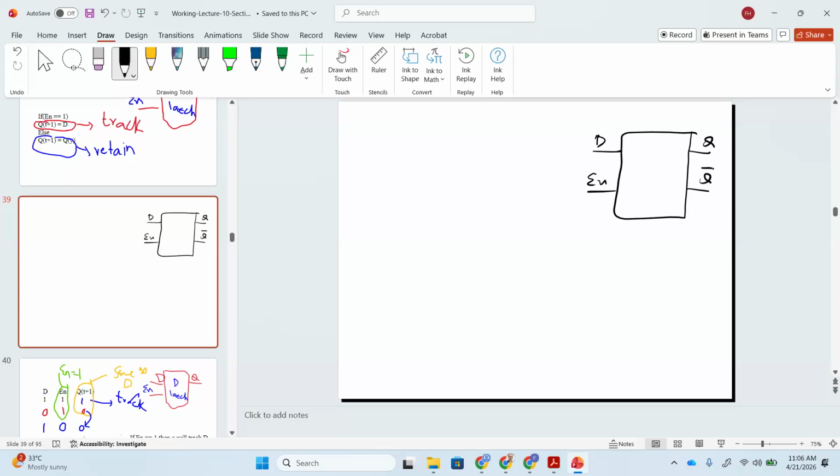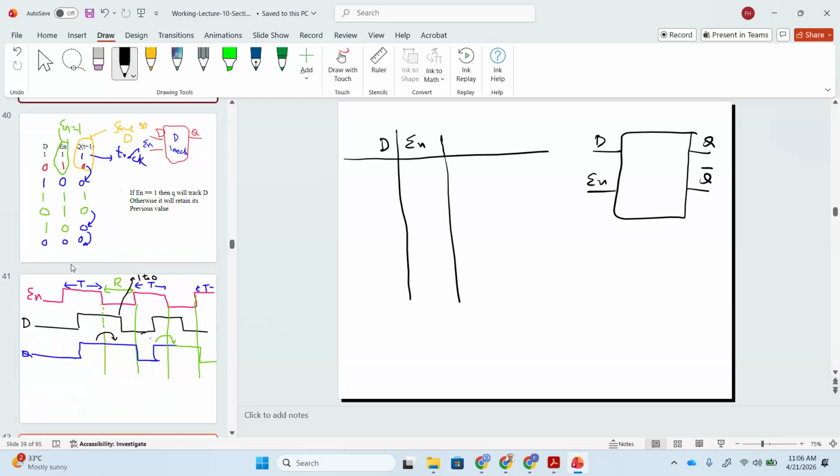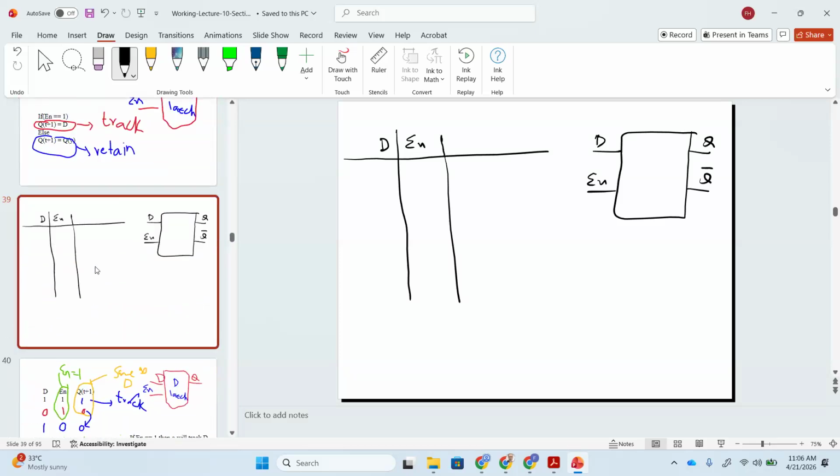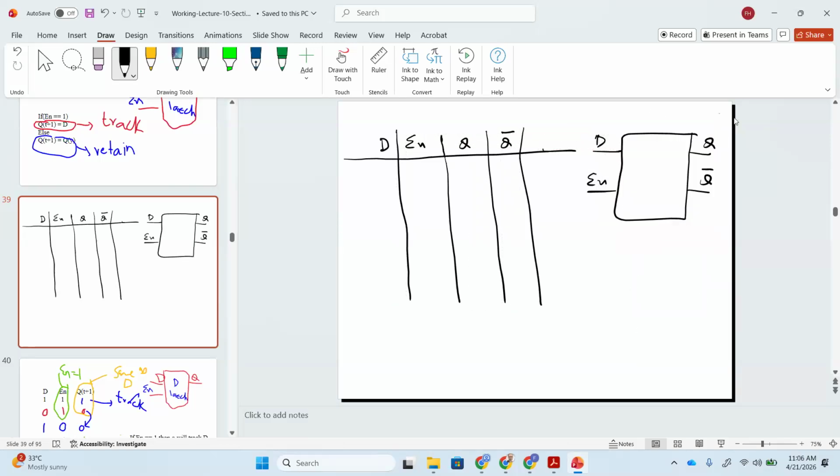Now what we can do is put this thing down here.